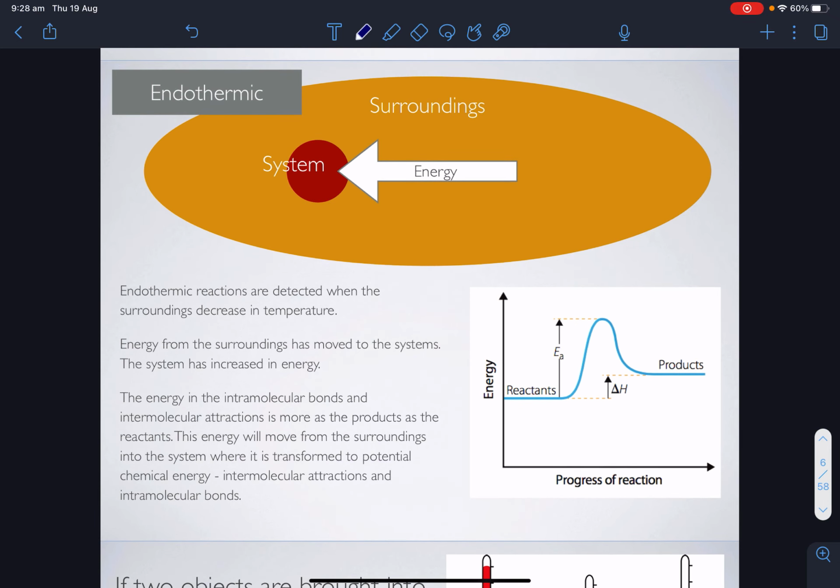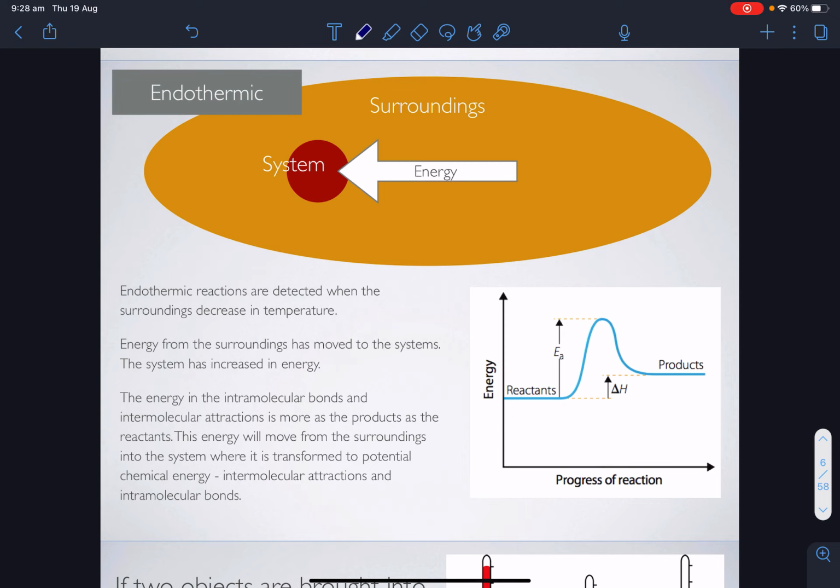Okay, the other type of reaction is endothermic. All right, so here the system is gaining energy from the surroundings. So endothermic reactions are detected, we see that in our everyday life, when the surrounding temperature decreases or it gets colder.